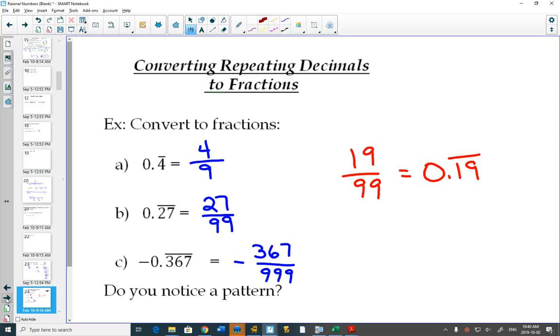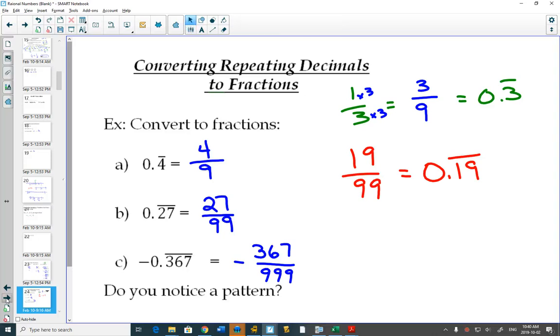Now, some of you earlier said, oh, I know what 1/3 is. 1/3 is 0.3 repeated, right? Watch this. If anything over 9 is that number repeated, can you see how 1/3 can become 3/9? And then you can make it 0.3 repeated.